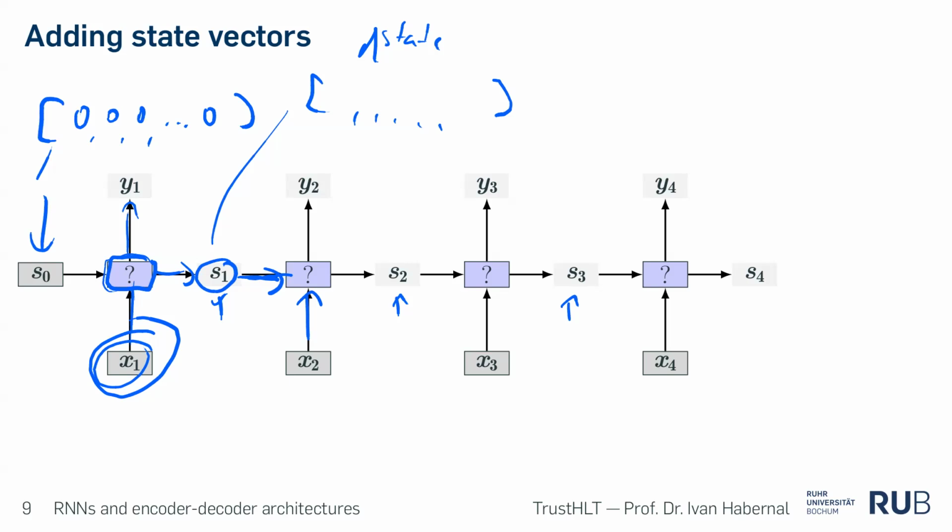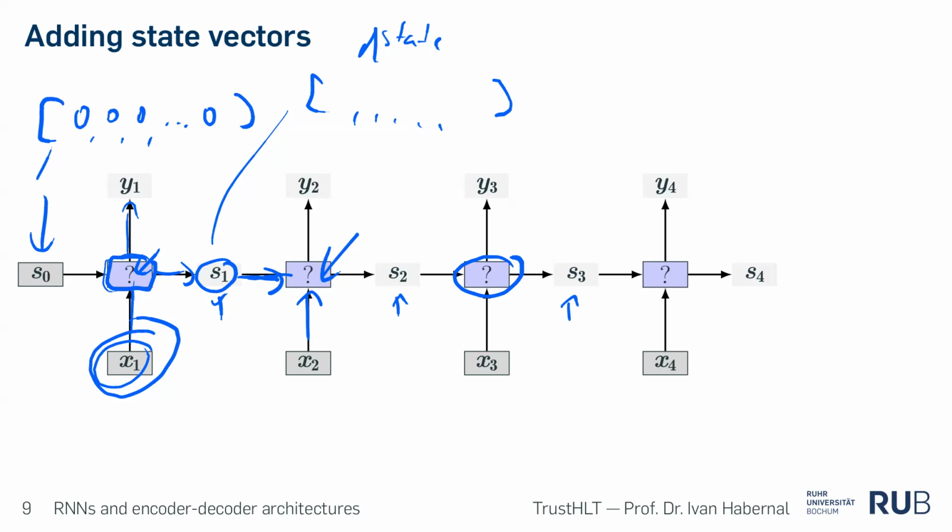So the last piece of the unknown puzzle we haven't solved yet is, well, what's happening here? What are we doing? This should be some function which takes what? For example, at this point, what does this function take?